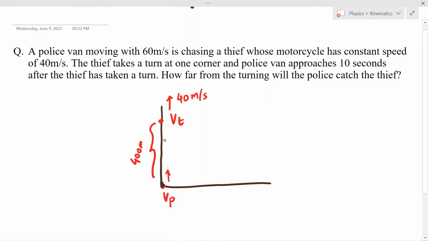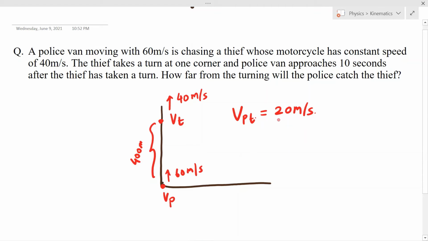How far from the turning will the police catch the thief? Now in the frame of reference of the thief, the police has a velocity of 20 meter per second, which is 60 minus 40.